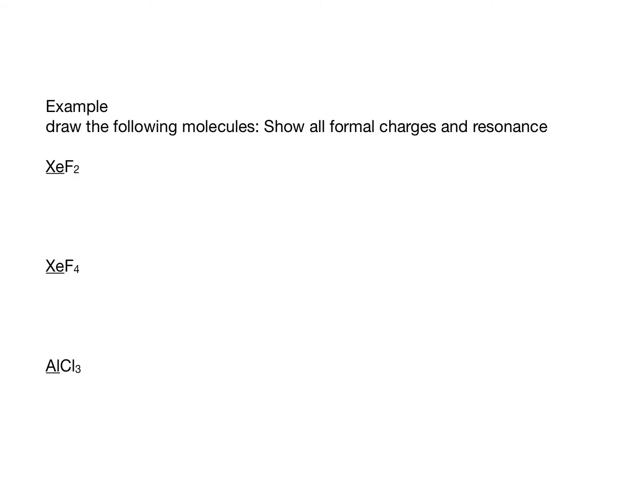Let's look at some other examples. For XeF2, we have 8 valence electrons plus 2 times 7, which is 14, and that's 22. We'll put our xenon in the center, connect to 2 fluorines, and add octets here. Now we've used 16 of our 22 electrons, so we have 2, 4, 6, 8, 10, 12, 14, 16, 18, 20, 22.